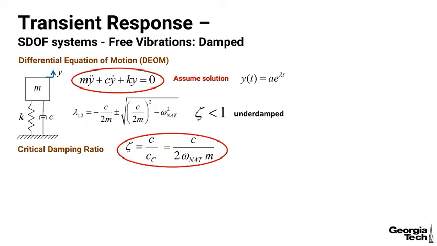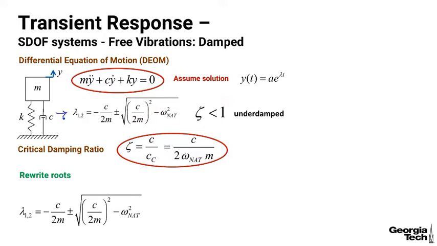So here's the critical damping ratio. I'm going to rewrite the roots of the characteristic equation that I show up here. Now that I have the critical damping ratio defined, I can substitute in for the first term in terms of zeta, the damping ratio, and I can also substitute it underneath the radical.